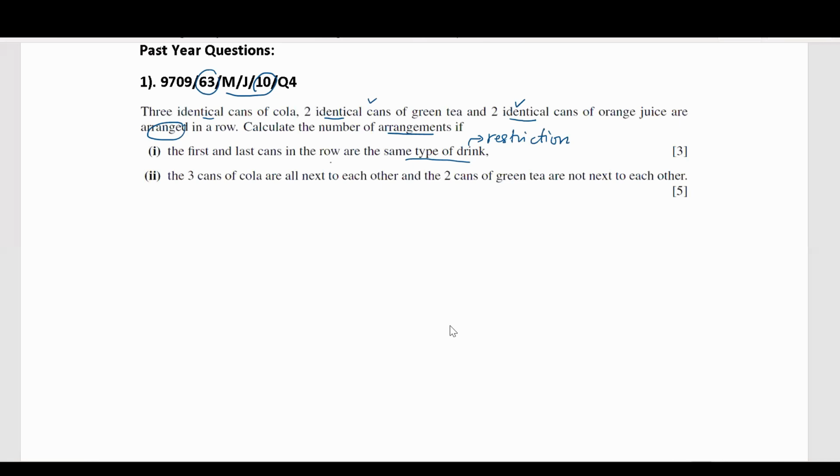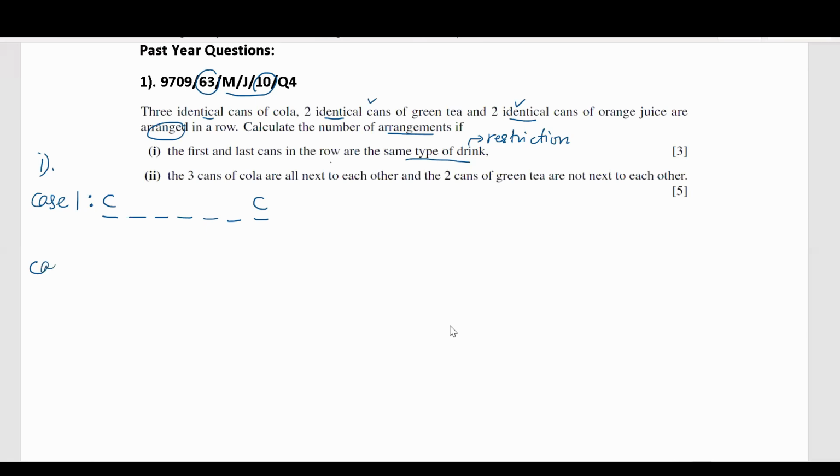As we have 3 different types of drinks, we will consider the number of arrangements in different cases, like this. So we have case 1, and there are 7 cans of drinks. In the first case, we put 2 cans of cola at the first and last.